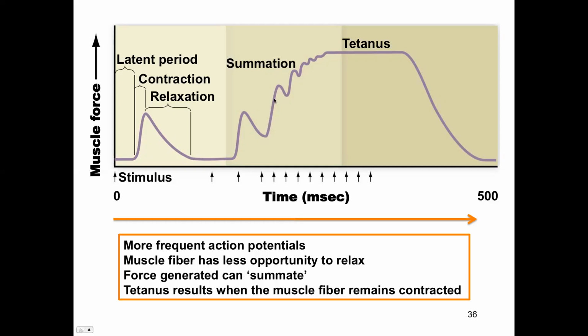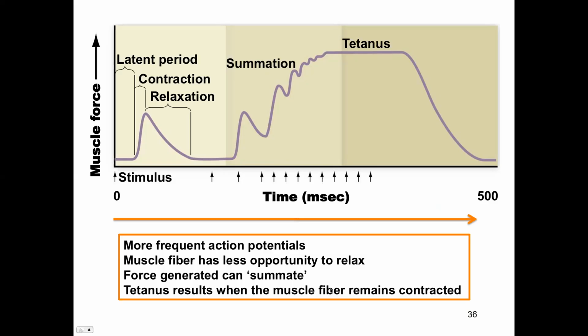And the more times it's stimulated and the less time that the muscle itself has to relax with all of the motor units that are being stimulated, we can reach a point where we have a full tetanus, or a muscle that remains contracted because the muscle fiber remains contracted.